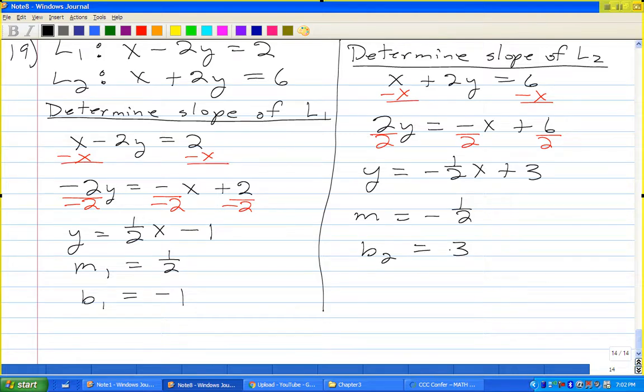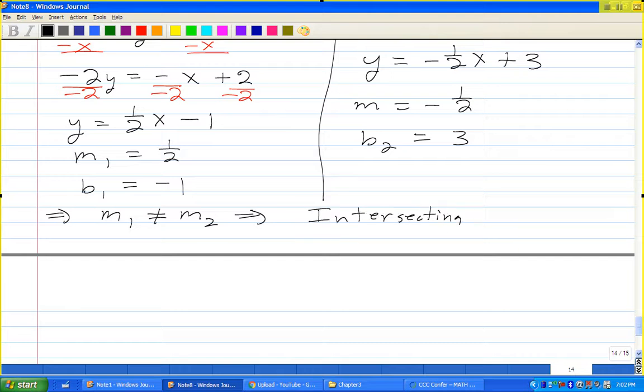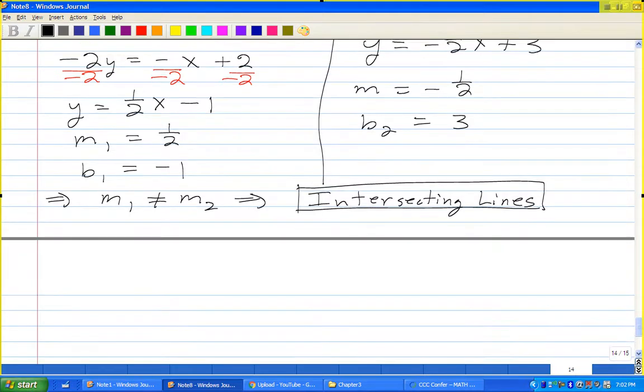Okay, well that's good. That tells me that the slopes are not equal. Therefore, these are intersecting lines, and this tells me that there's going to just be one solution. So let's find that solution.